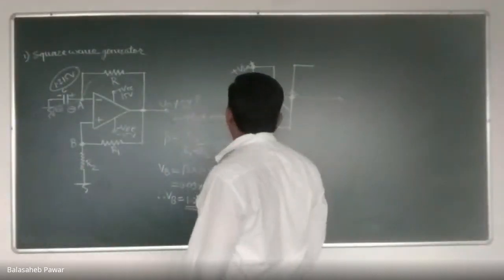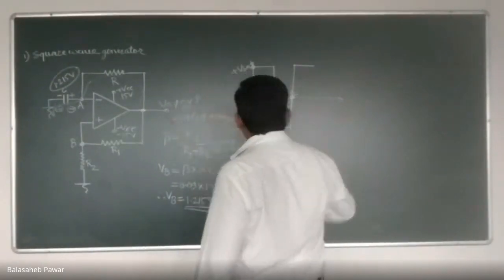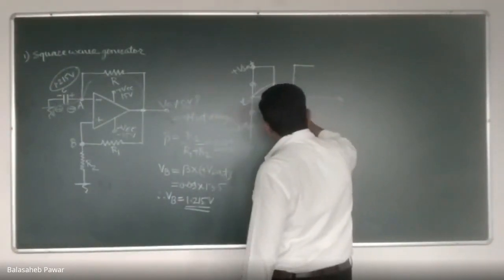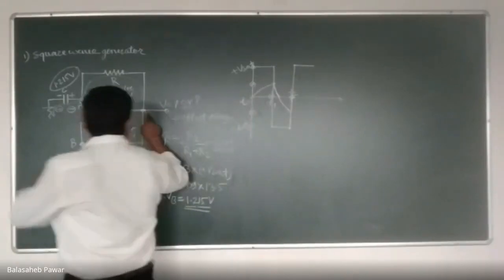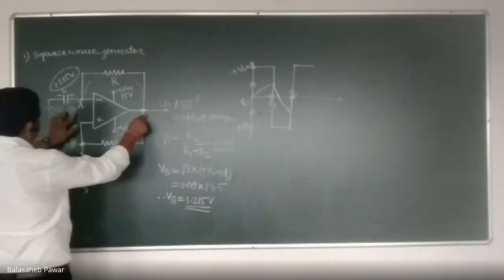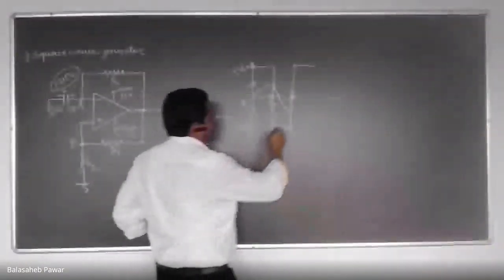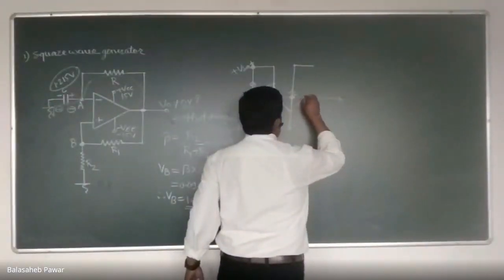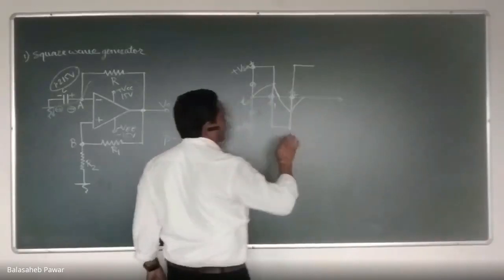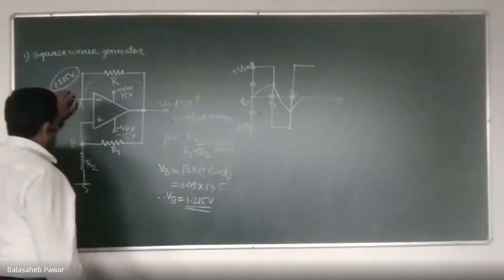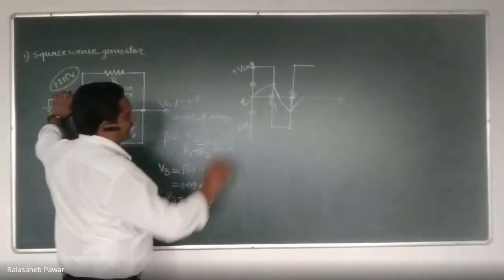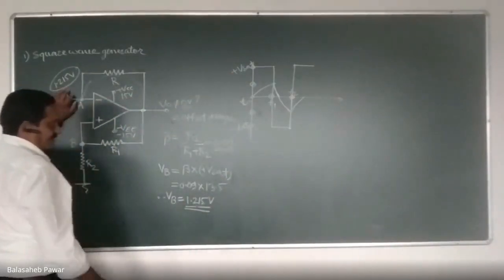Again check what is going to happen with the capacitor. Now this capacitor, see, its input is plus Vsat, and the charge stored by this capacitor is negative, right? So it will again discharge, and will become 0 volts at some time.